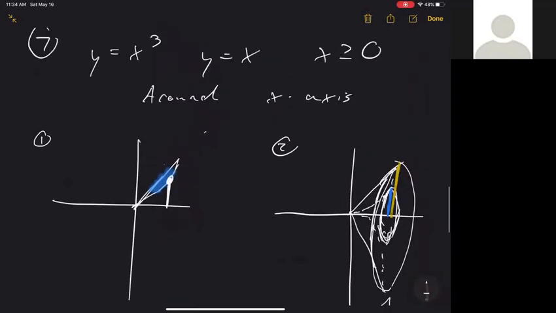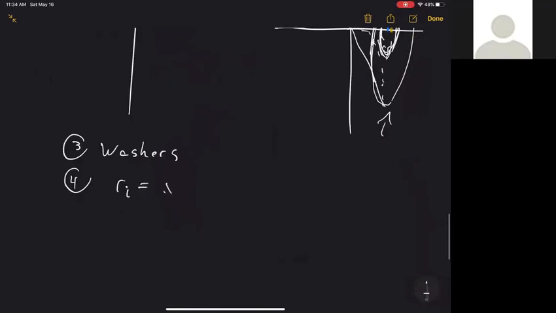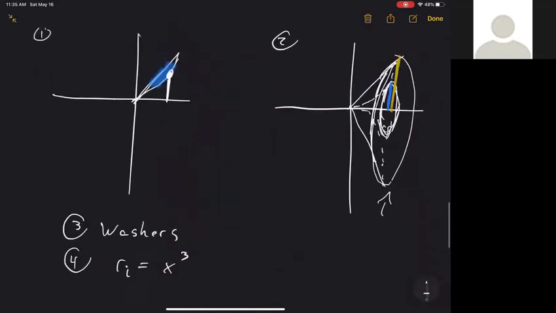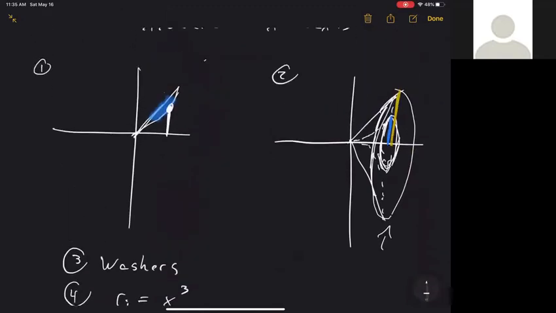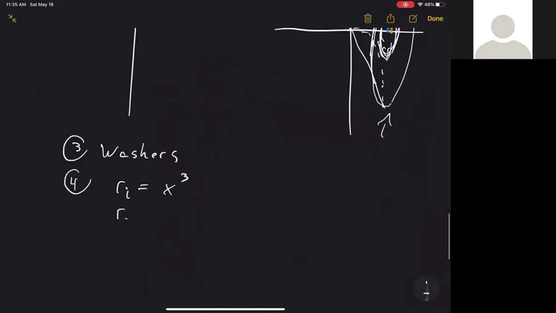Since we want to integrate in terms of x, instead of writing y, I'm going to write x cubed. So inner radius is x cubed. What's the outer radius? That's the distance from the x-axis to this curve, which is just the line y equals x. So my outer radius is going to be x.